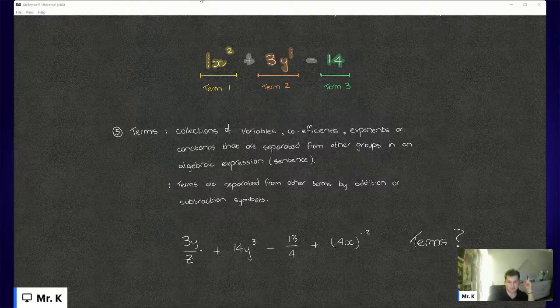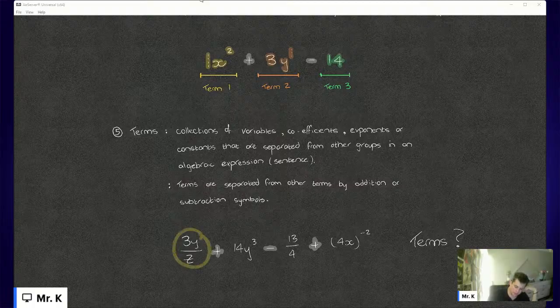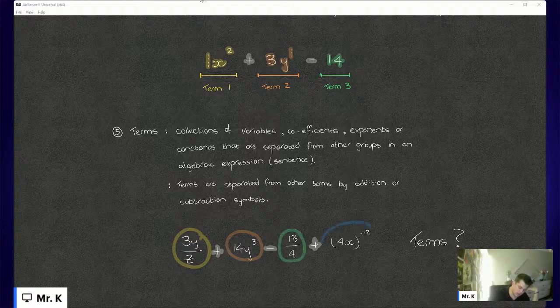Our biggest indicator is going to be our operator symbols, right? Our plus and minus symbols specifically. So we can see we have one term over here, a second over here, a third over here, and finally a fourth term right at the end.